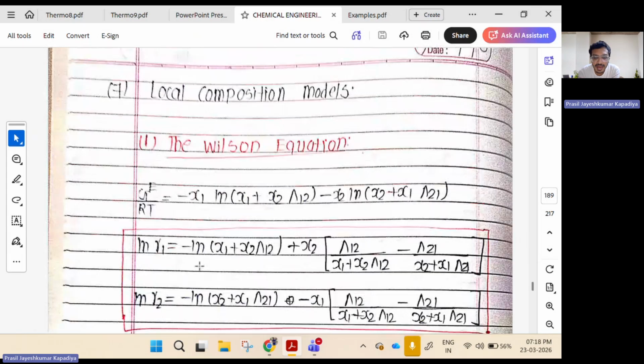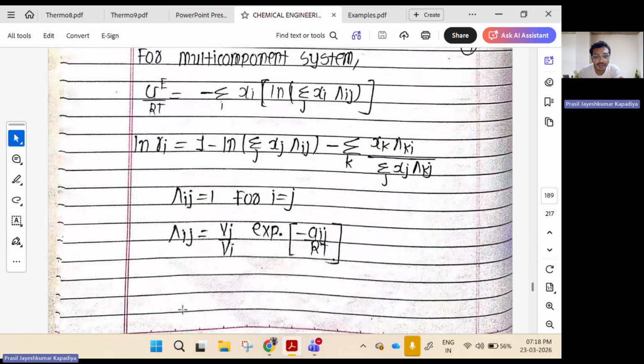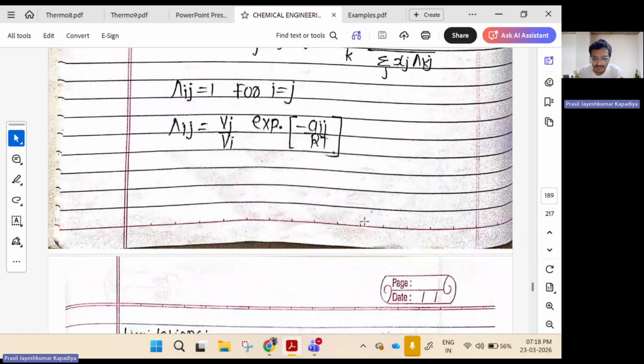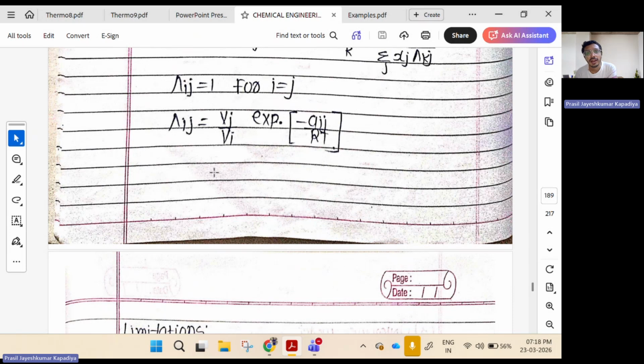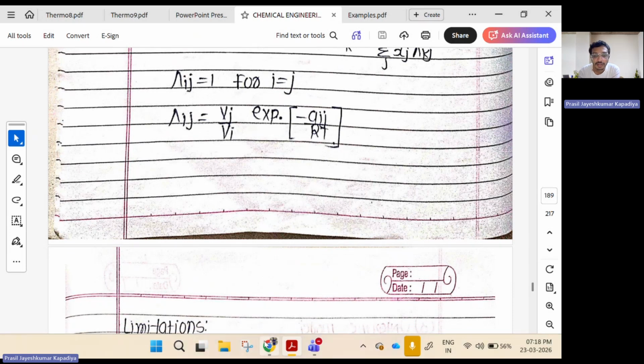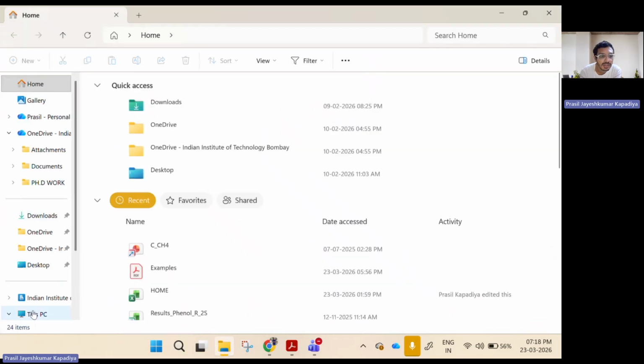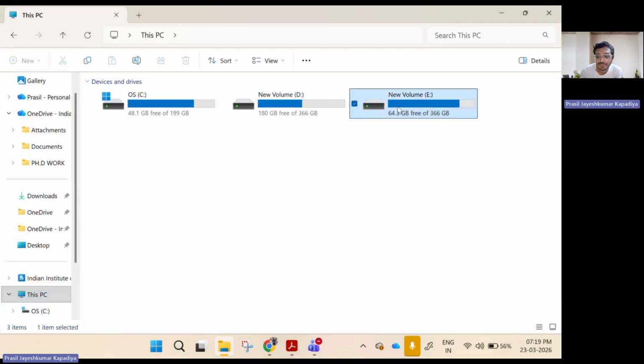This lambda is nothing but we can find it in terms of the interaction parameter. This lambda contains the molar volume terms, Vj by Vi, exponent minus Aij by RT. I don't know if Smith-Van Ness has these constants, so we can have a look.